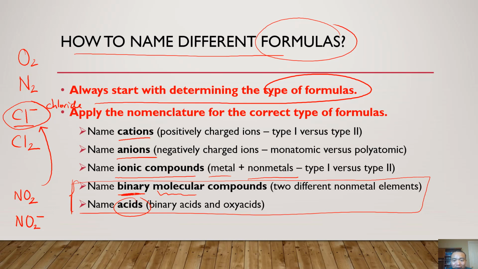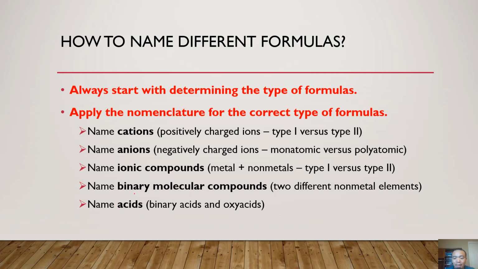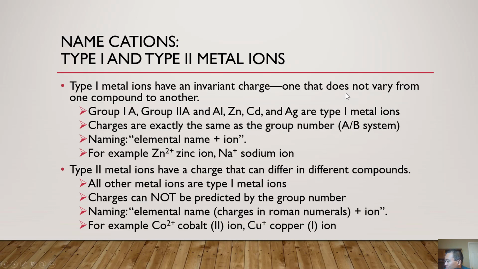So let's talk about this first by looking at a few more examples. I can never overemphasize one thing: before you start naming anything, you must always start with the type of formula.